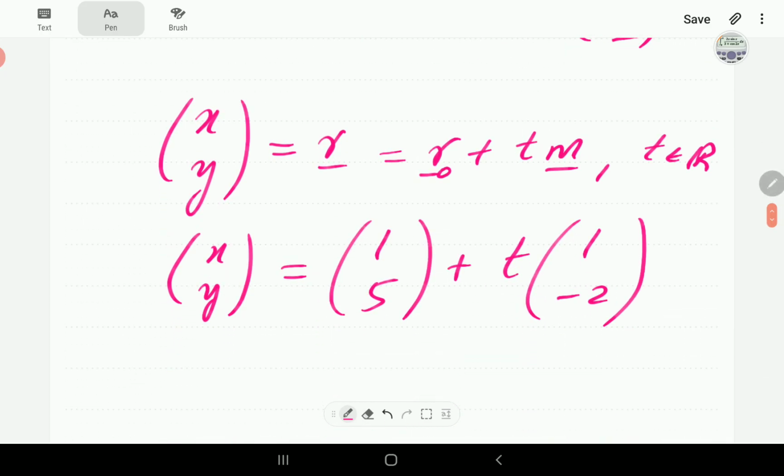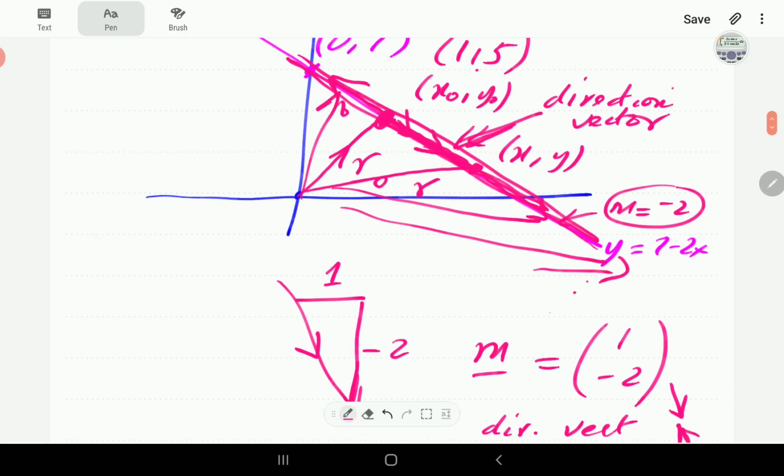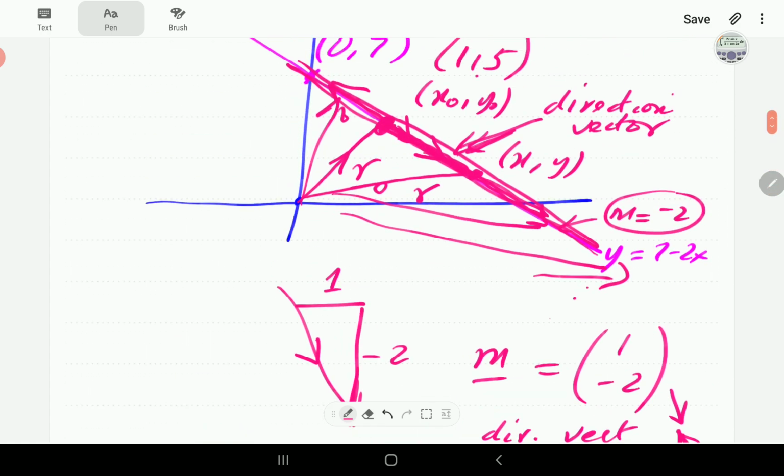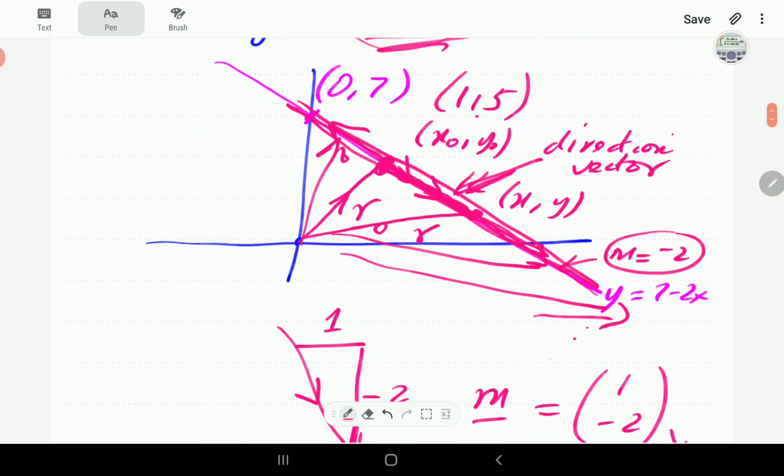Then this is always going to give us a point along the straight line. By simply varying t, we're always going to have a point along the straight line.